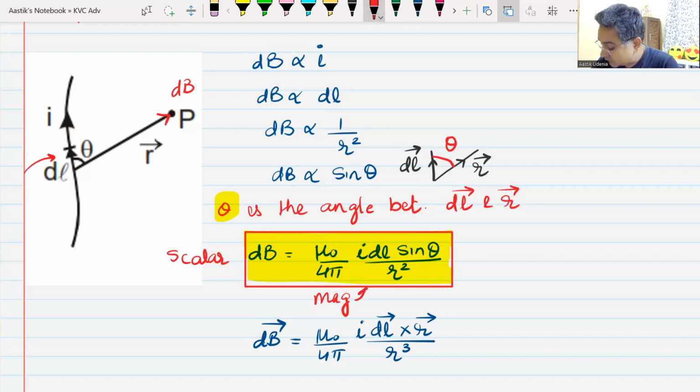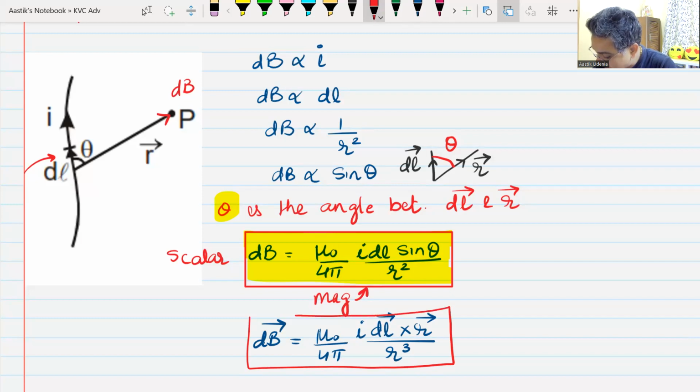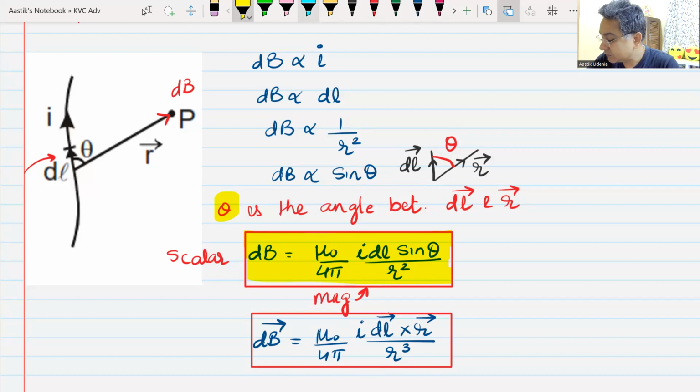The formula on the top will only give you the magnitude, but the formula here at the bottom will give you both, because it is a vector formula. Everything is written in the vector form. We may not be using this formula, but we should know this formula.